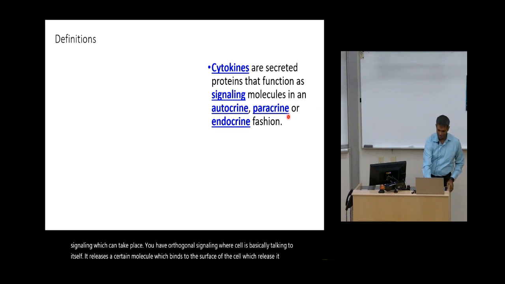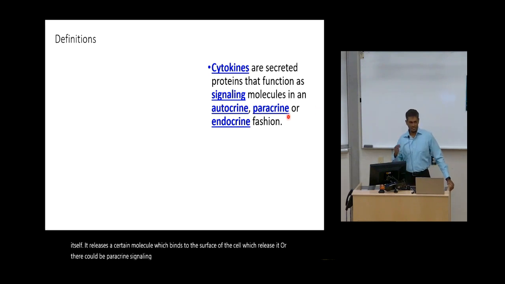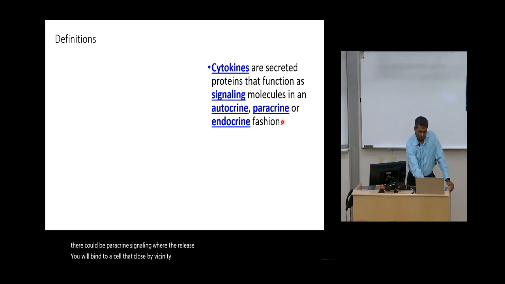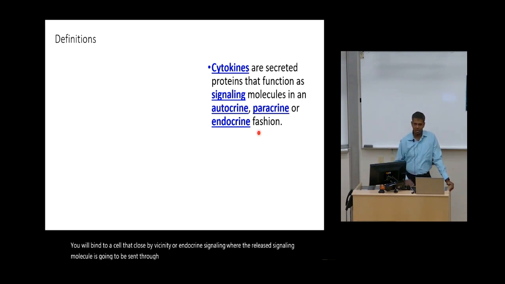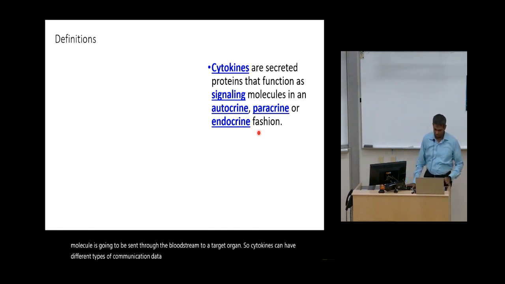Or there could be paracrine signaling, where the released molecule will bind to a cell in the close by vicinity, or endocrine signaling, where the released signaling molecule is going to be sent through the bloodstream to a target organ. So cytokines can mediate different types of communication.